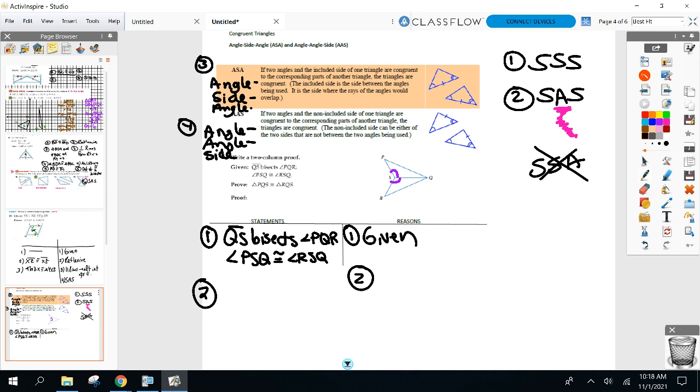If PQ and RQ are equal, what is it? Side.